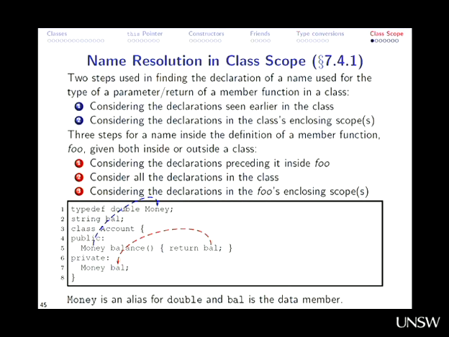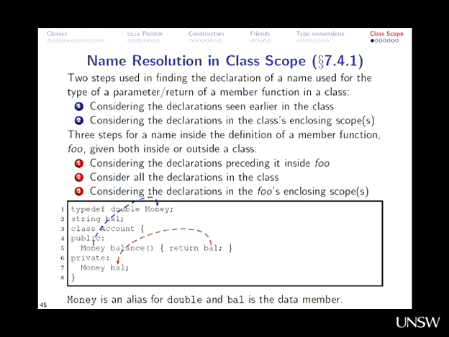Okay, so let's talk briefly about class scope. When we've talked about declarations and definitions so far, we've always said that things need to be declared before you can call them. With classes, that works a little bit differently. There are two steps involved in finding the declaration of a name.